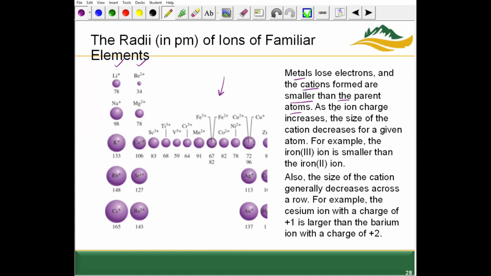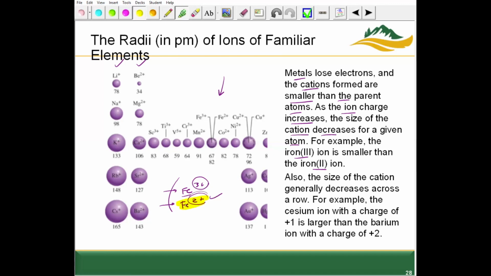Then another detail here is that as the ion charge increases, the size of the cation decreases for a given atom. For example, iron 3 versus iron 2. We can't change the number of protons because that's the identifying factor of an element. So Fe3 plus has lost 3 electrons, Fe2 plus just 2 electrons.